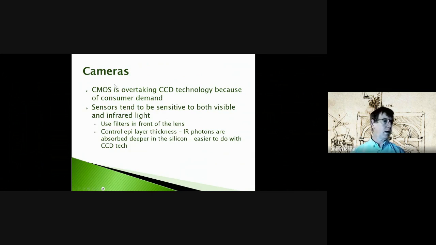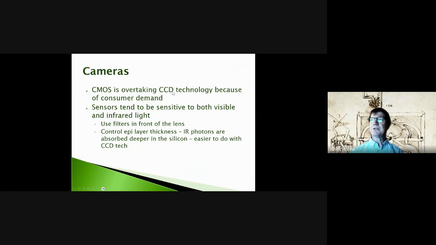So another big sensor class is cameras, and I'm not going to go as in depth here, but again, get you kind of a starting point. If you are into cameras, imaging, and you want to go down that route, then hopefully I'm giving you some seed information.